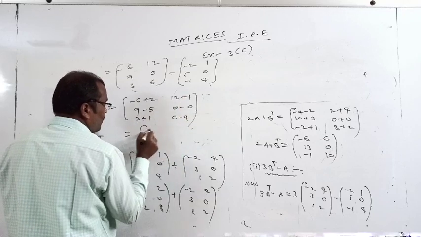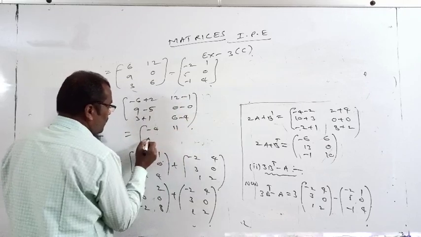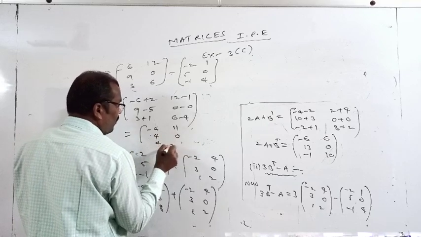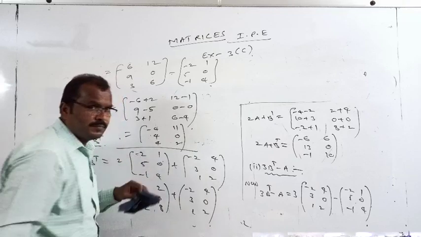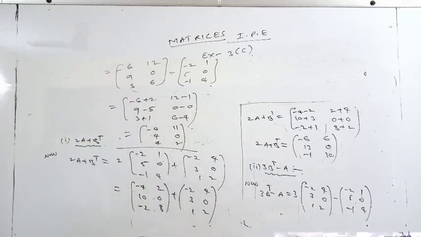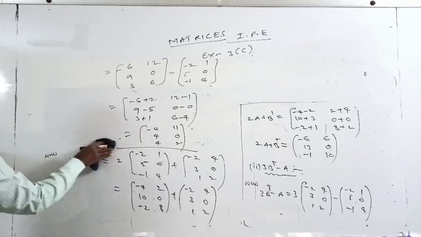Now we can write the answer: minus 4 11, 4 0, 4 2 is the value of 3B transpose minus A.